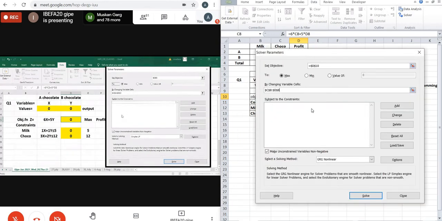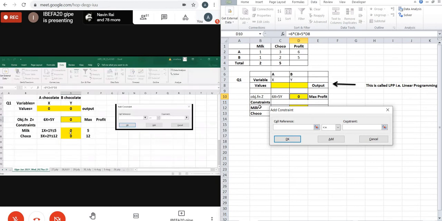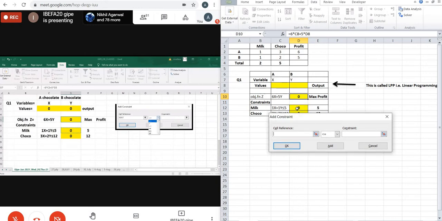Constraints. Milk and chocolate. Add them. D7 less than or equal to 5.